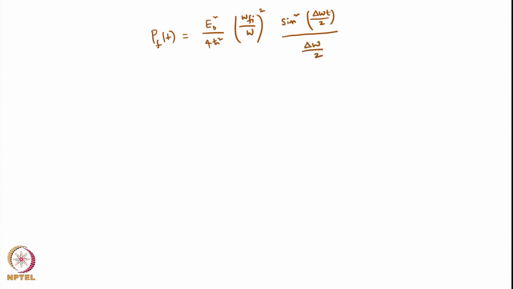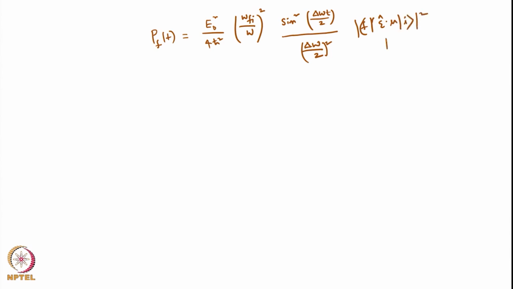It means that your probability of function f of t equals E naught square by 4 h bar square, omega Fi by omega square, sine square del omega t by 2 divided by del omega by 2, because the square, I have just brought it out of square, multiplied by modulus of f, epsilon dot mu i square.